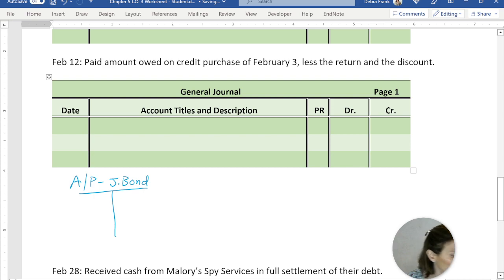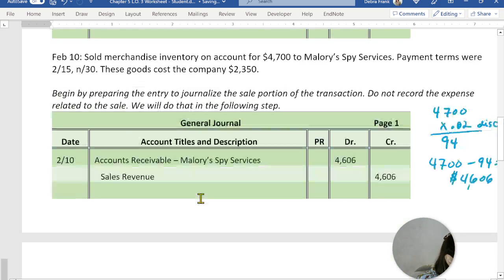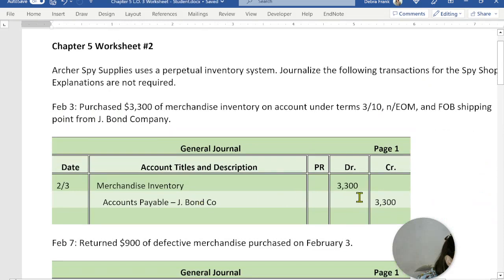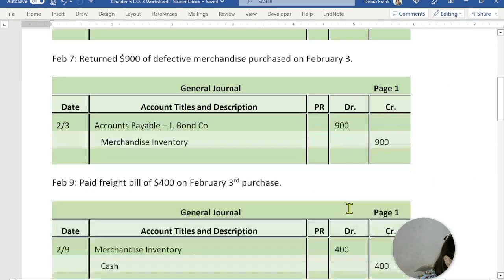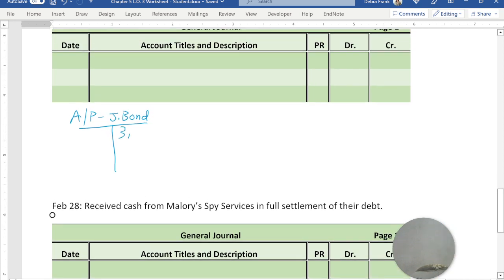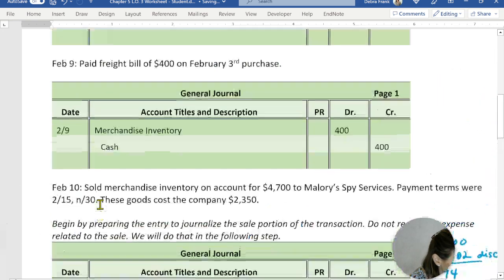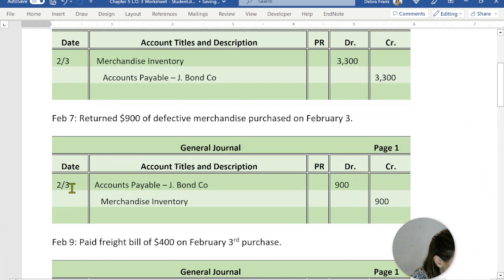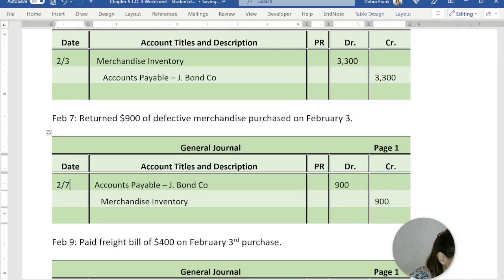And we had purchased 3,300. So we went all the way back up. Yep, there's our J Bond Company, 3,300. All right, that was 2-3. And then on February 7th, I think there was a return or something. Let's see. Oh, here we are. Oh, you can see I wrote the wrong date there. Let's correct that.